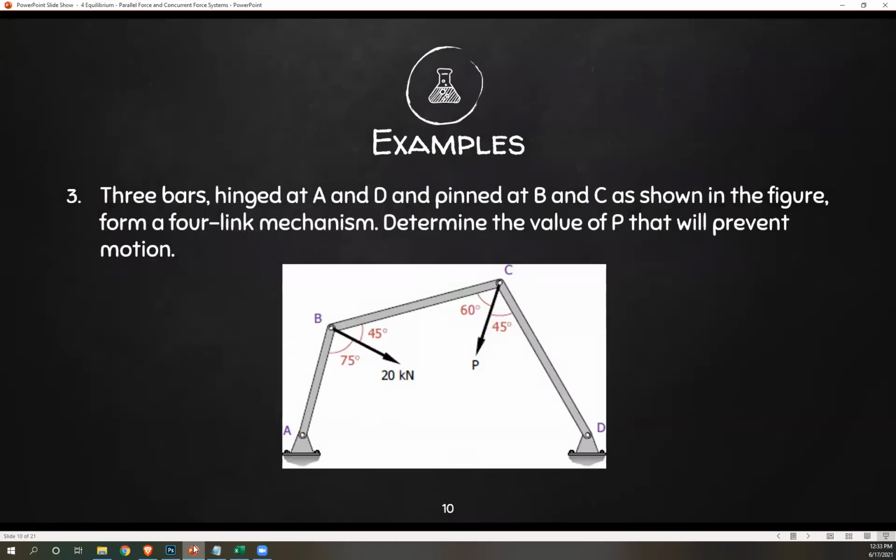Okay. 3 bars hinged at A and B, and pinned at B and C, as shown in the figure, form a 4-link mechanism. Determine the value of P that will prevent motion.